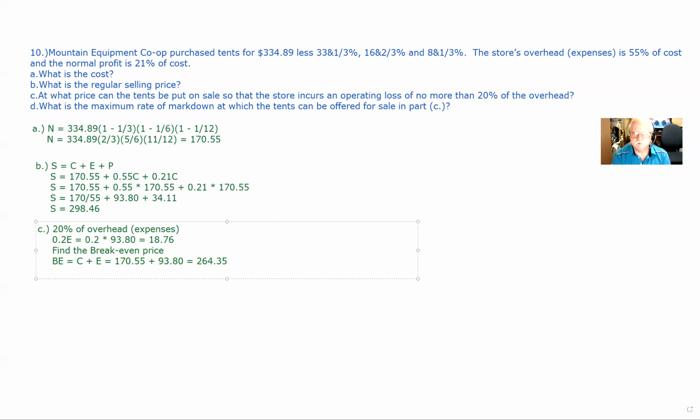We want an operating loss of no more than 20% of the overhead. So the sale price would be 264.35 minus this 18.76.